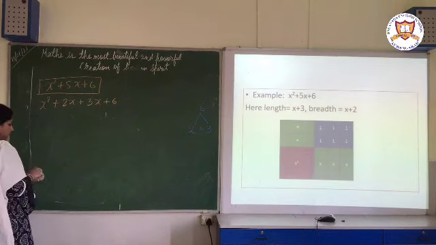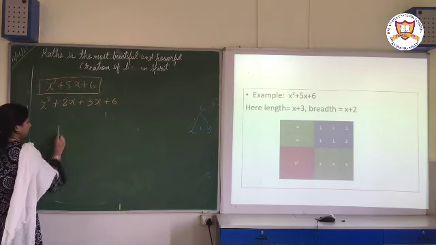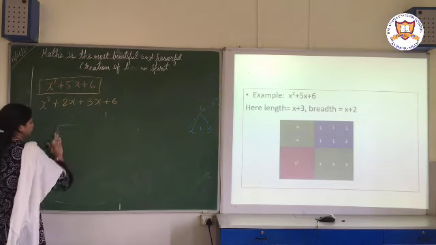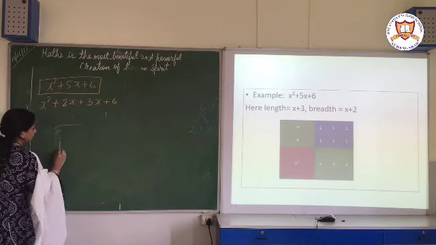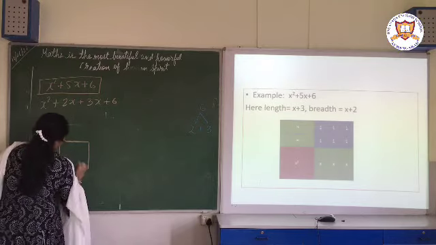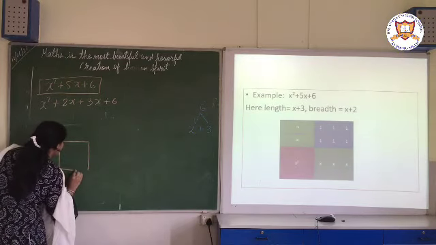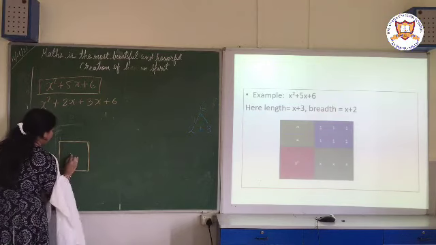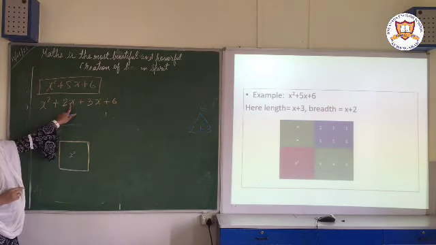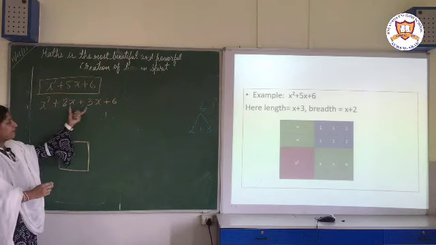Okay. So this x square can be written like this or drawn like this. So this is your x square. Now how many x's do you require? That is 5 x's.